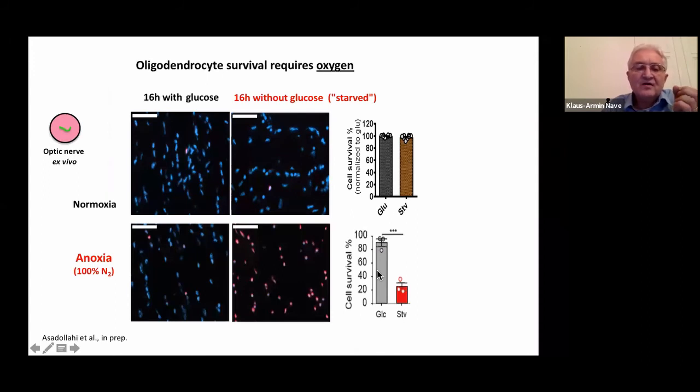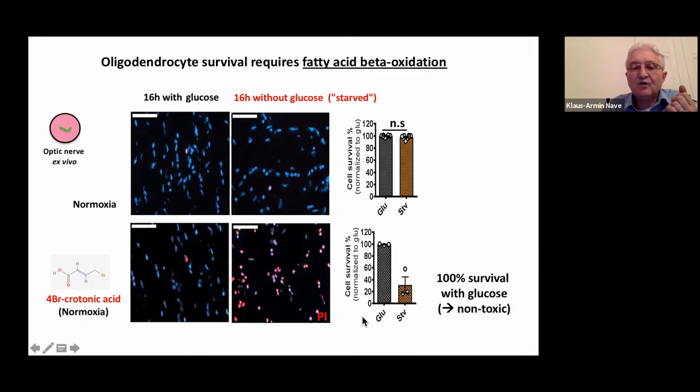When we prevent oxygen from reaching the compartment, then virtually all cells are dying. That means the survival is only possible because something is basically burned, is oxidized. And what is oxidized? Well, when we add bromocrotonic acid to a normoxic condition, when we prevent the fatty acid beta oxidation that way, then you also see the same loss of survival.